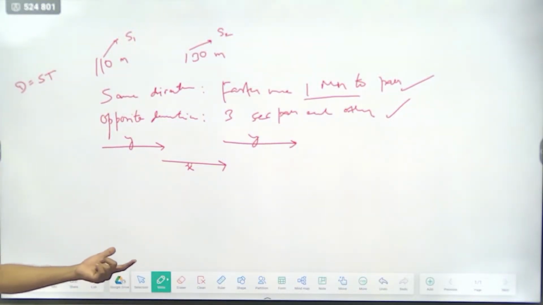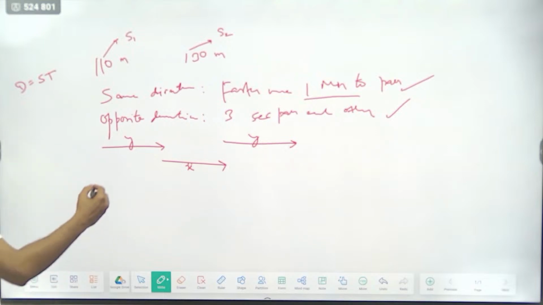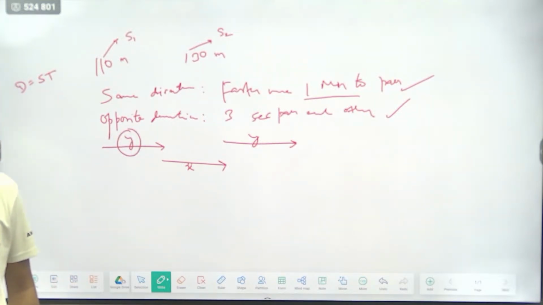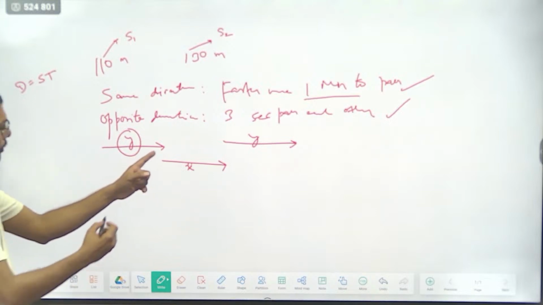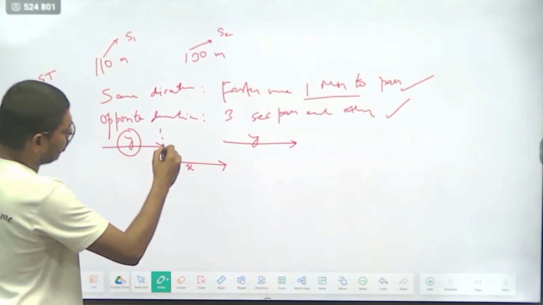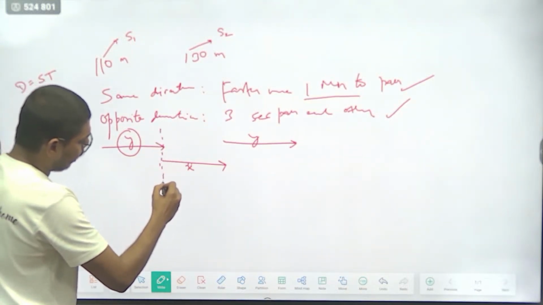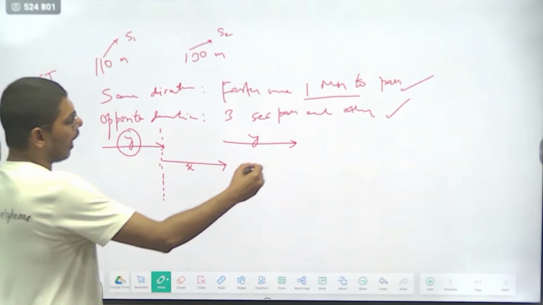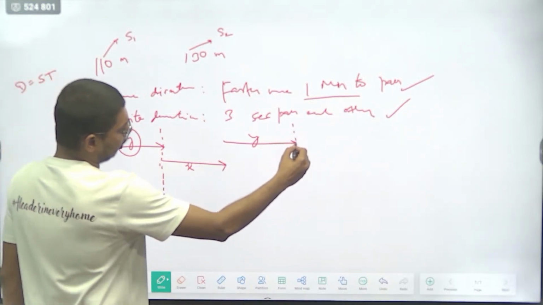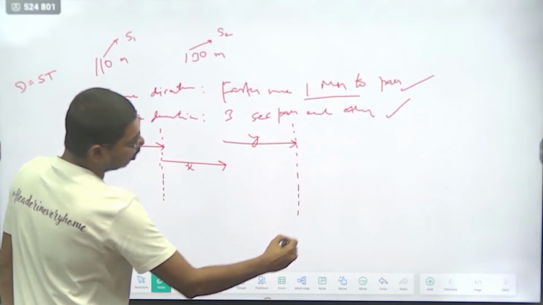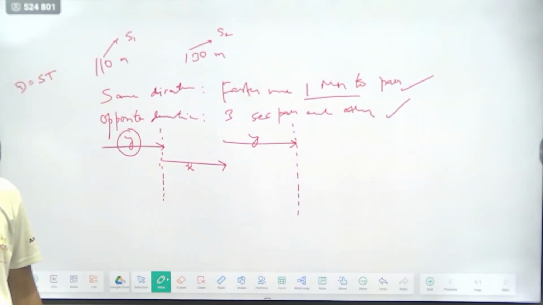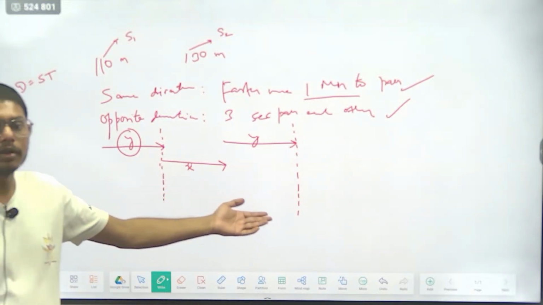Essentially, this faster train has traveled how much distance? From this point onwards, we said that it has started to cross, and at this particular point, we said that it has crossed. So how much distance did it travel? x plus y.